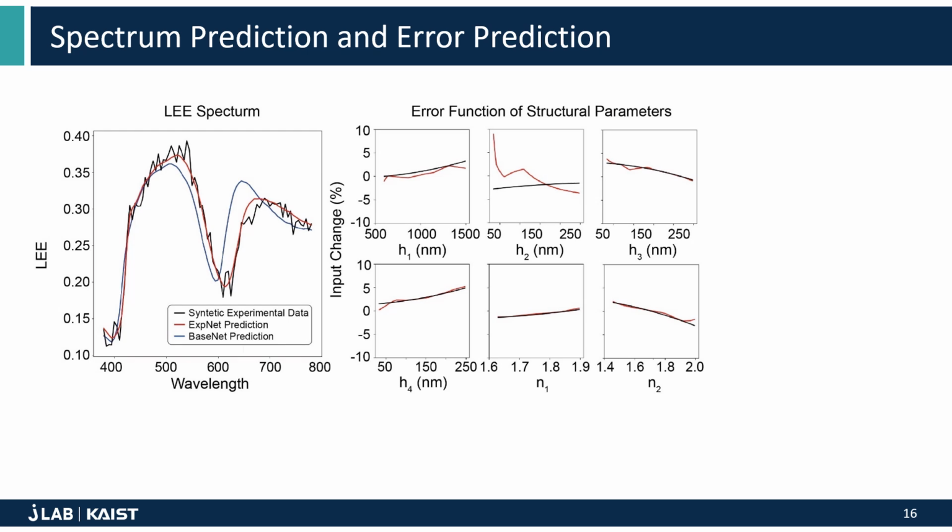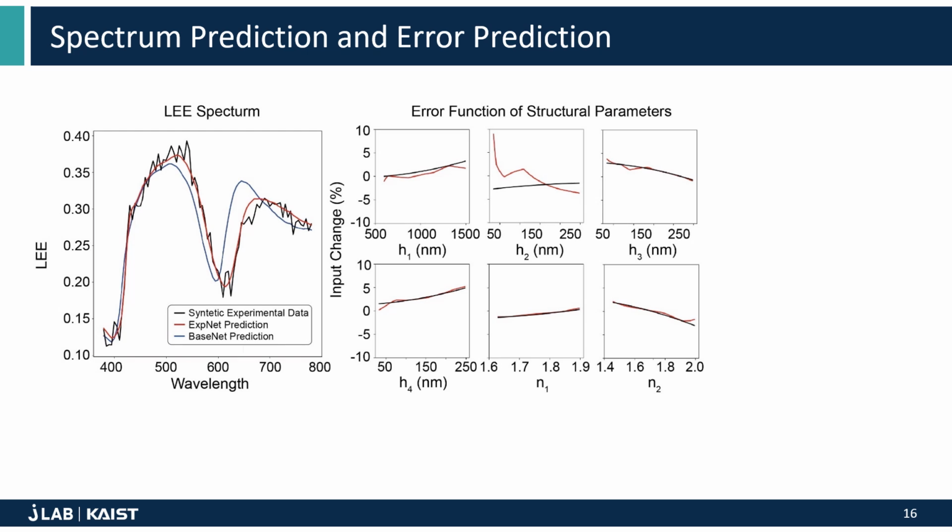However, ExpertNet only predicts the LED spectrum. It does not directly reveal how much the physical structure has deviated due to fabrication errors. Since ExpertNet is built by combining the EtherNet and BaseNet, and among those, EtherNet predicts the structure errors, we can extract the predicted error function by bringing out the EtherNet.